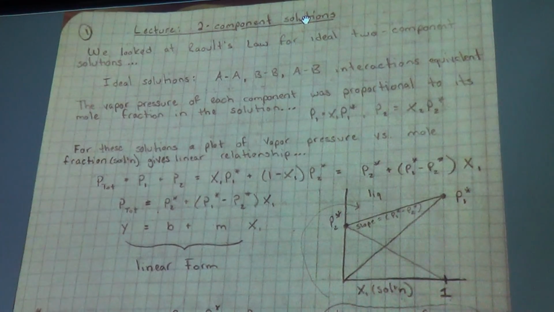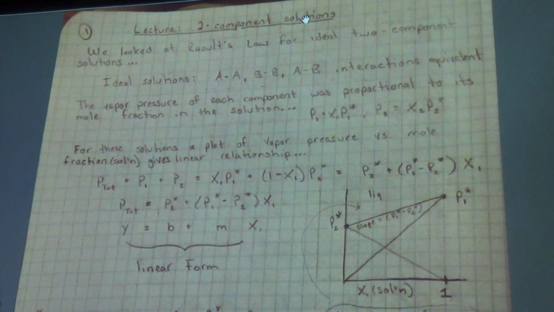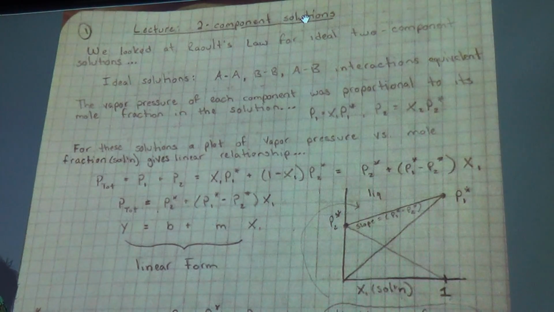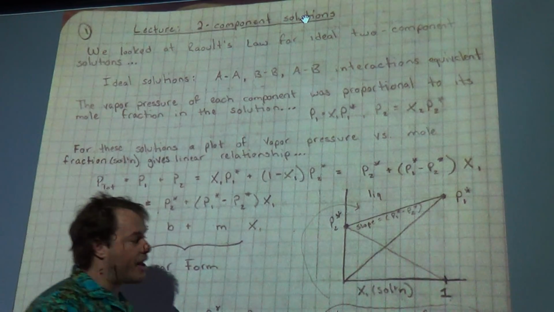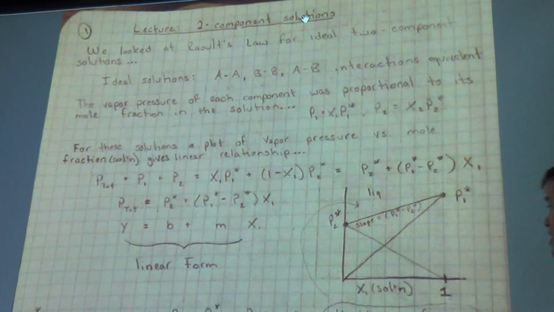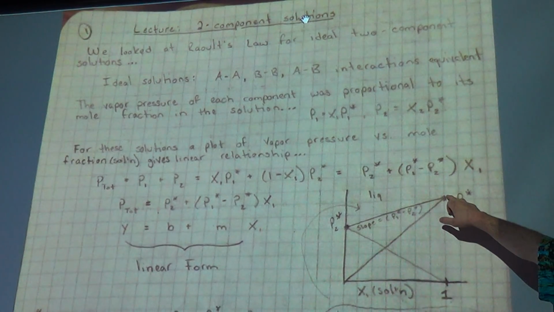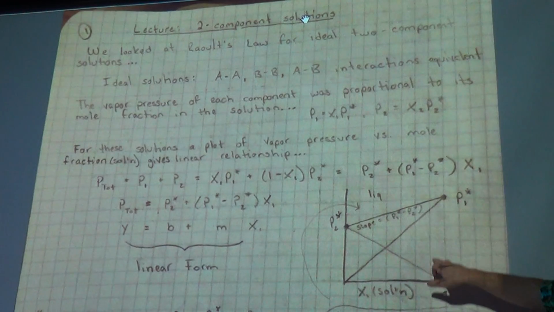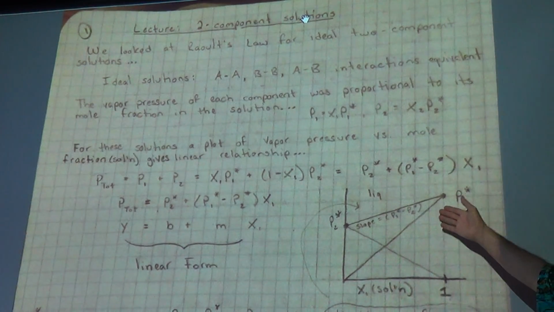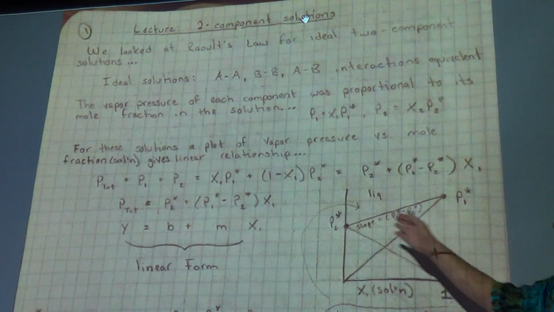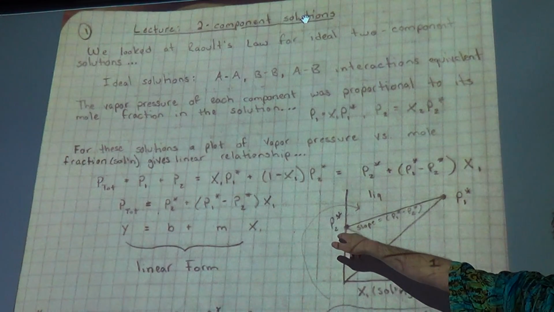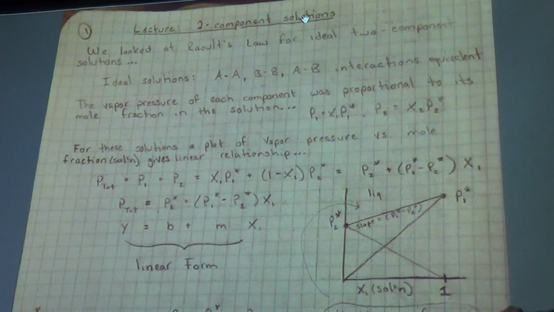The way that we've drawn this, component 1 is the more volatile component. You can see that because when its mole fraction is 1, we've got the highest pressure. If this is the most volatile component, then relative to when the other one is the only component present, this pressure will be higher.